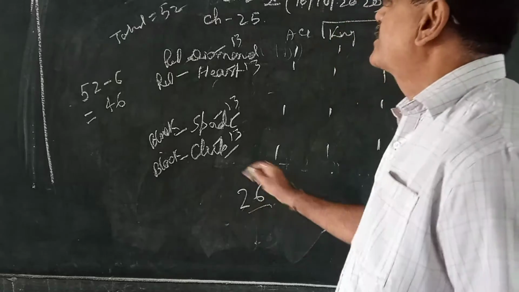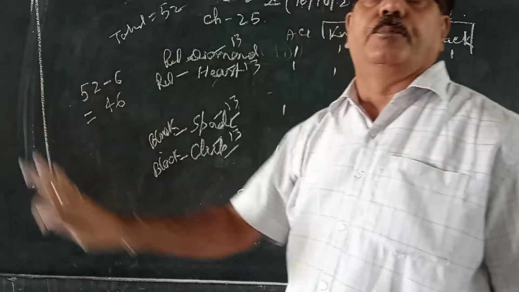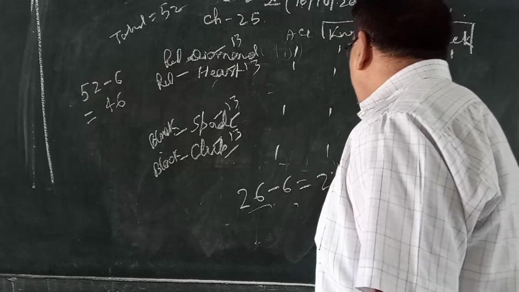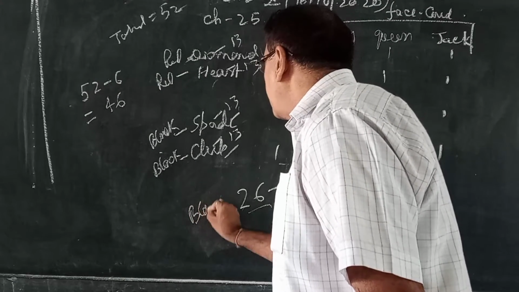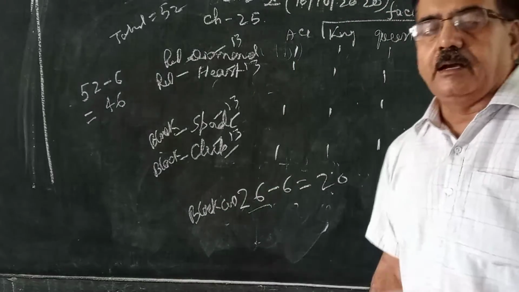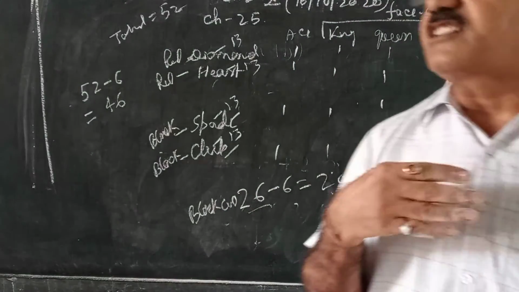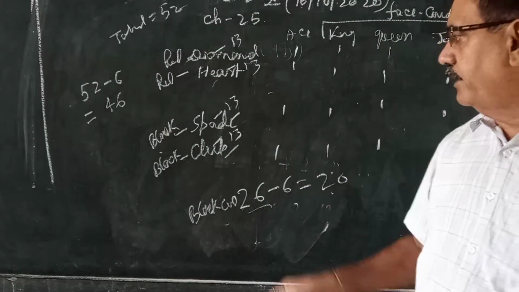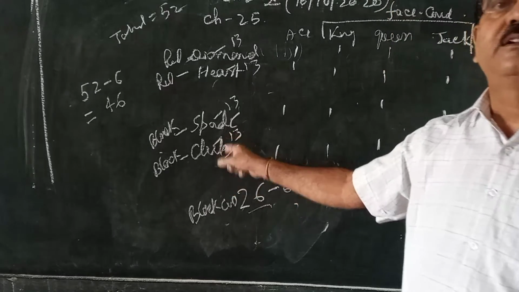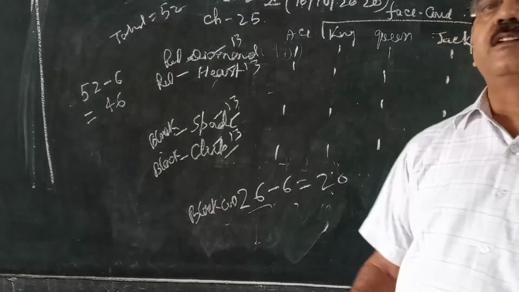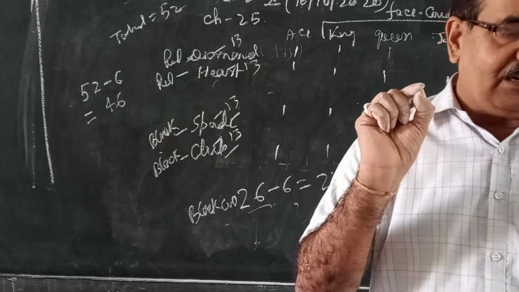Out of 26, 6 black face cards are removed. So how many black cards are left? 20. After removing the 6 black face cards, only 20 black cards are left.